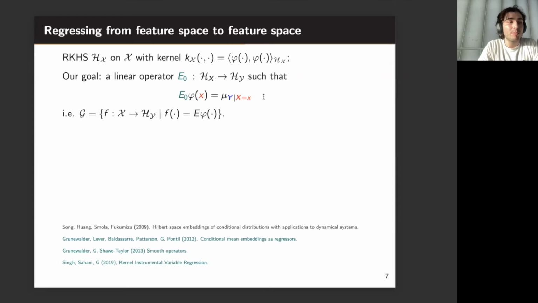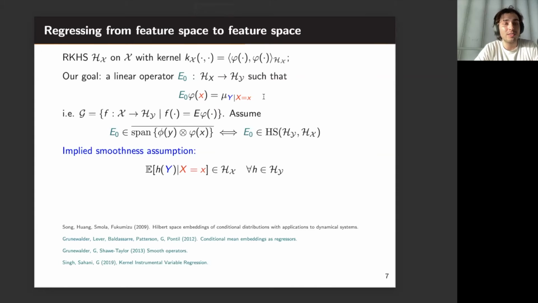Since E_0 maps the feature of x to the feature of y, a natural assumption is that E_0 is a linear combination of outer products of features of y and features of x. This is equivalent to asking E_0 to be a well-behaved large matrix, in the sense that it admits a singular value decomposition where the sequence of singular values is square summable.